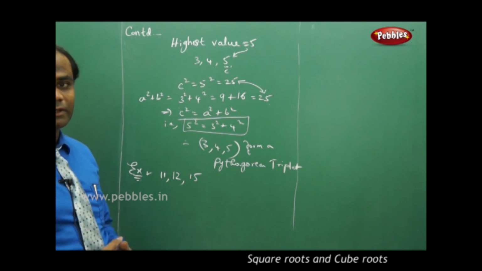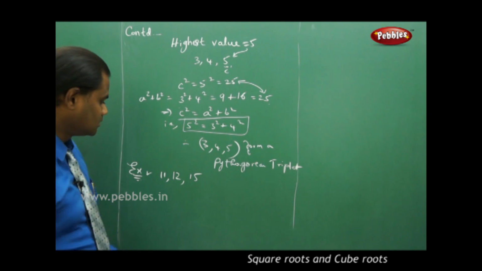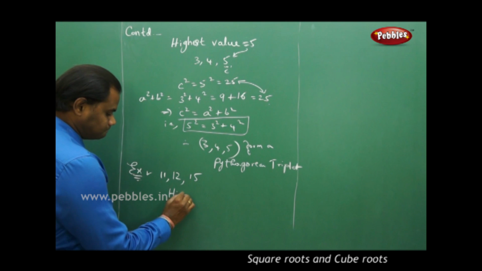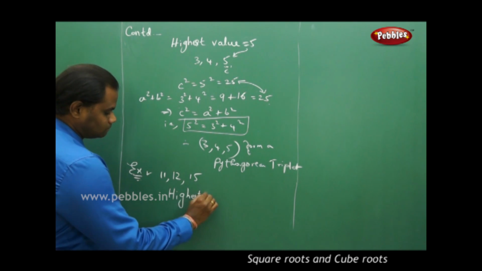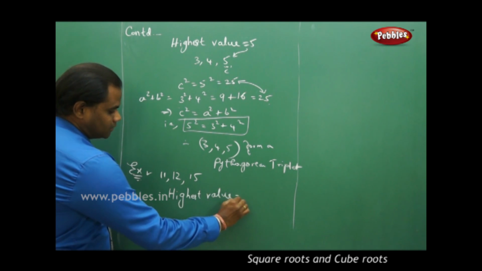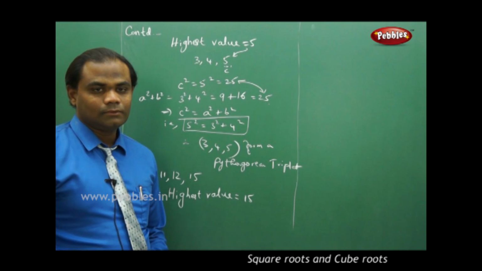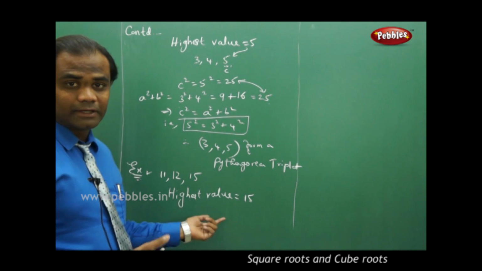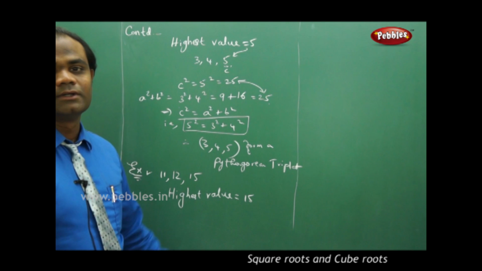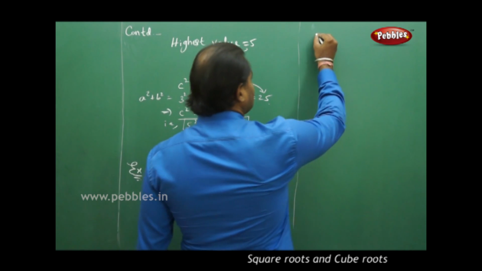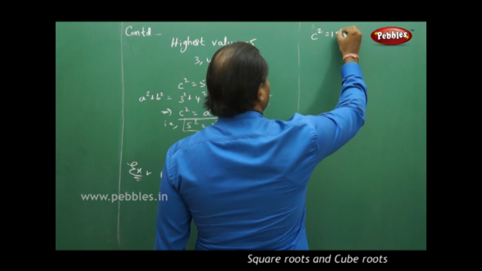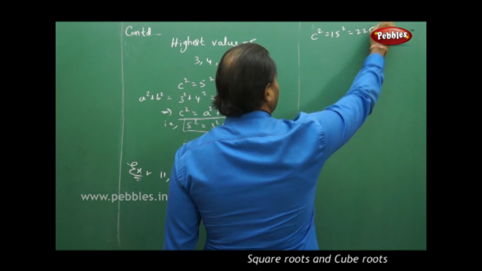So I wanted to find whether they form a Pythagorean triplet. So let's take the highest value. Now the highest value here is 15. So in case of this problem, I identify that the highest value is 15. So let's take it as c square. So c square is 15 square, which is 225.